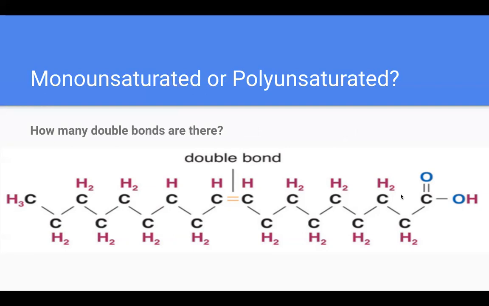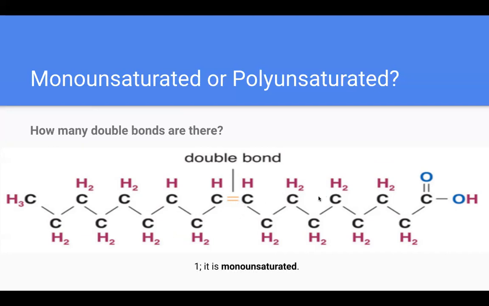Now, there's also a difference between monounsaturated fatty acids and polyunsaturated fatty acids. Since we've already determined that it's unsaturated, we now need to ask how many double bonds are there. In this case, again, this is oleic acid. We see that there is only one double bond.